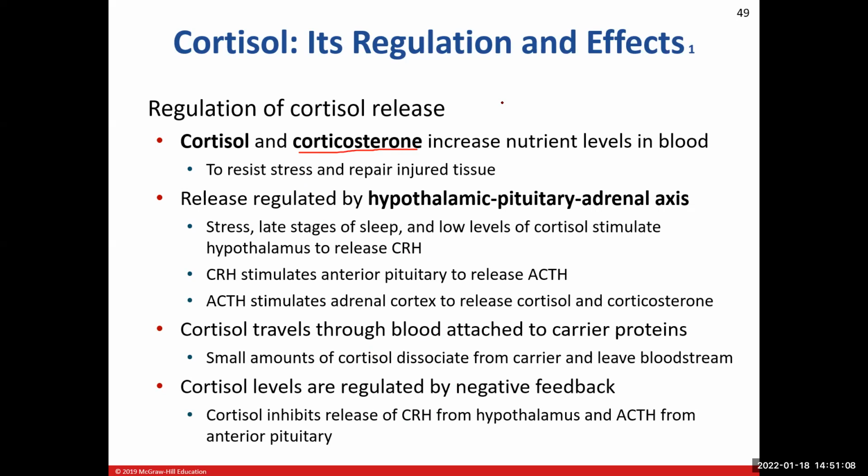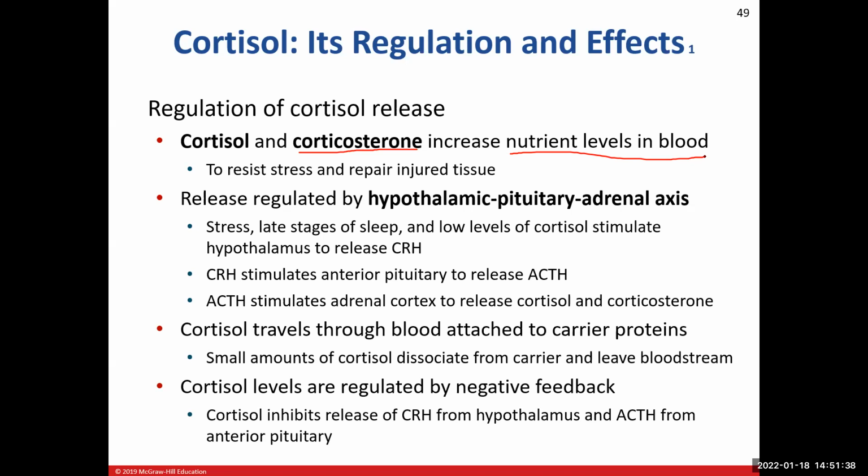So these two hormones are going to increase nutrient levels in the blood. And why is that necessary? Remember what I said? This is the stress hormone. When you exercise or do physical labor, not on a grand scale, you are damaging certain tissues. It's just wear and tear over time as you're running.